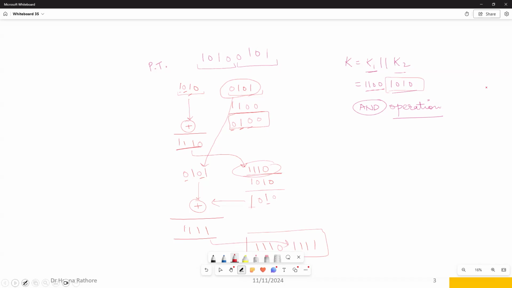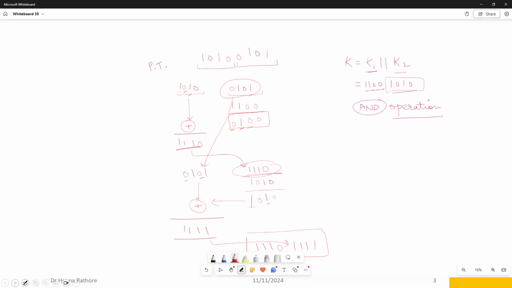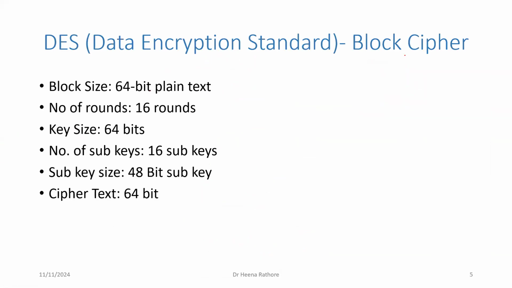Was it too much for the class today, or do you want me to now cover the next topic, or you guys are good and you want to? I'll cover the standards maybe in the next class. But if you want, I can cover the standards today itself, like the first standard I can explain. So yeah, K1 in round 1 and K2 in round 2, yes.